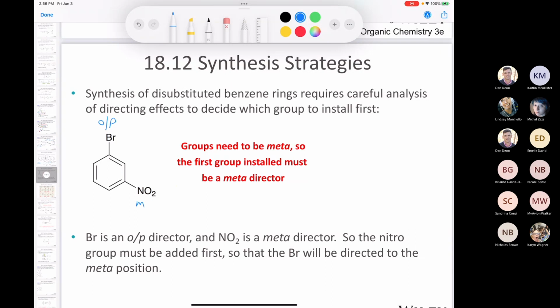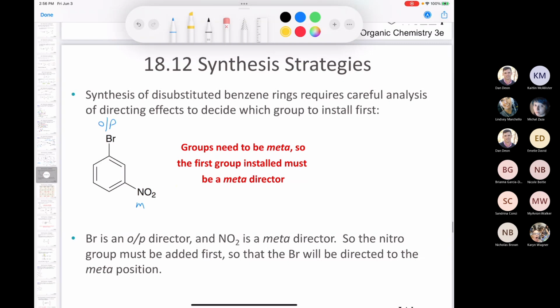It means you'd have to put in the nitro first. If you put in the bromine first, then your nitration would occur at the ortho and para positions. Whereas if we put the nitro in first, then we end up with the bromo at the meta position. That's the kind of rationale you want to have when you're tackling synthesis problems.